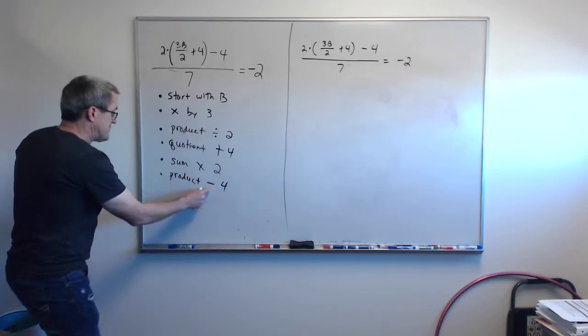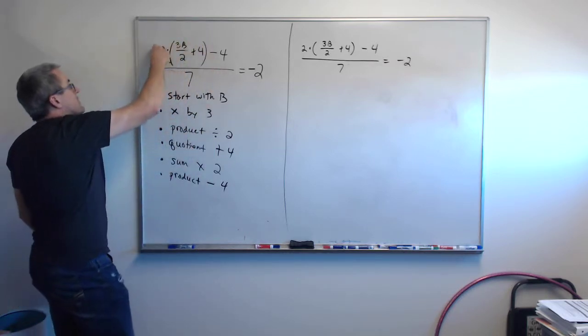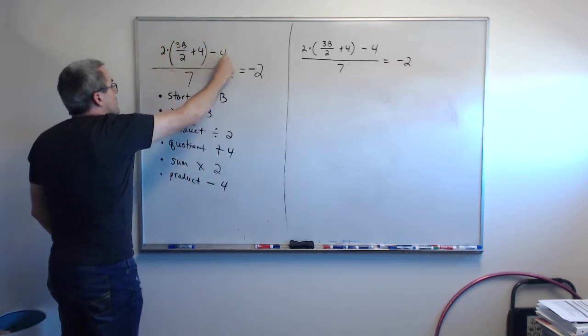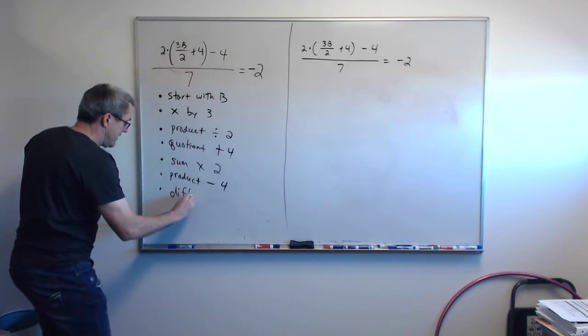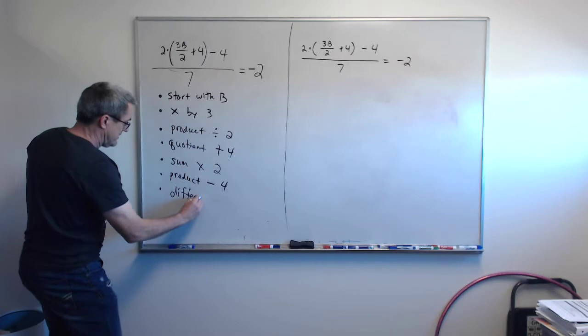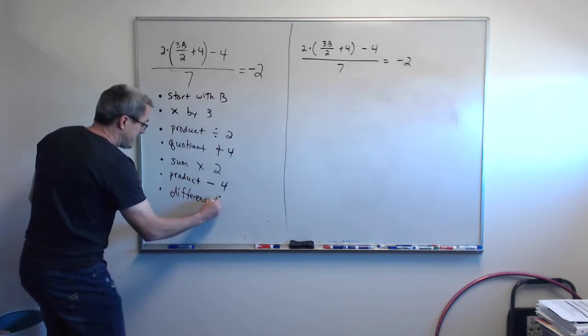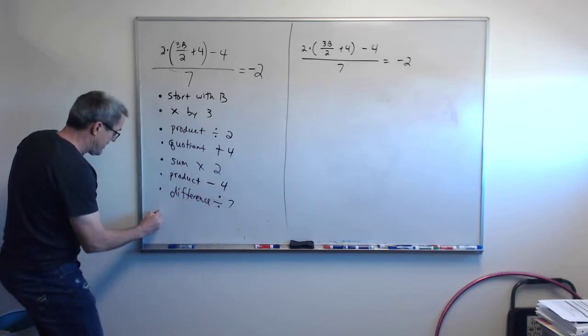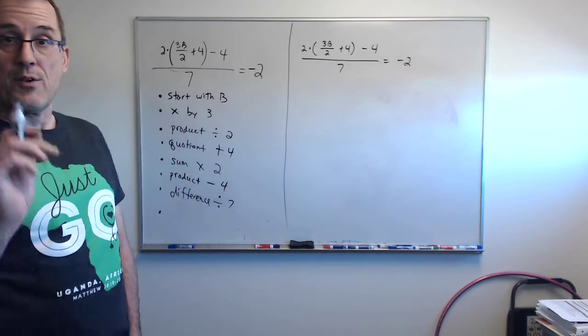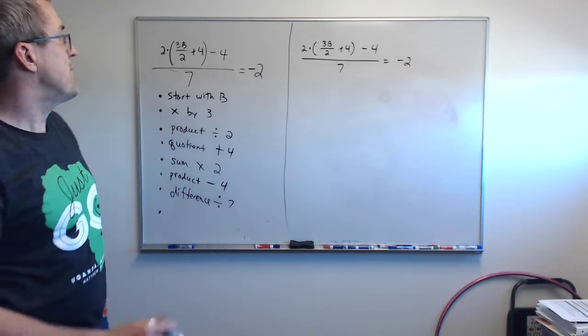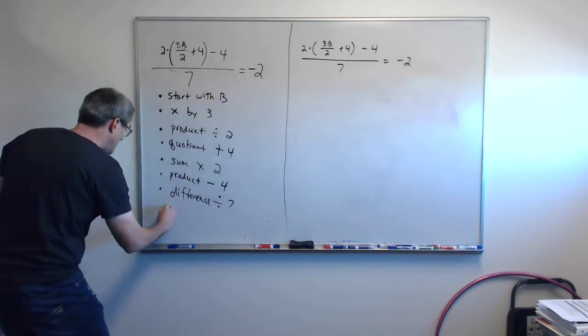Notice up here, after the subtraction, there's a difference. There's a difference of all of this stuff minus the 4. This difference is divided by 7. After all of that computation, apparently, for the correct value of b, the result will be -2.